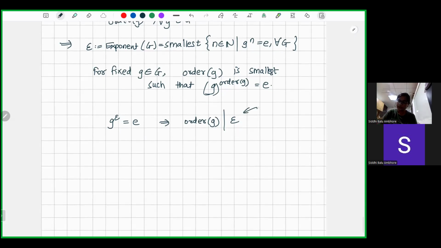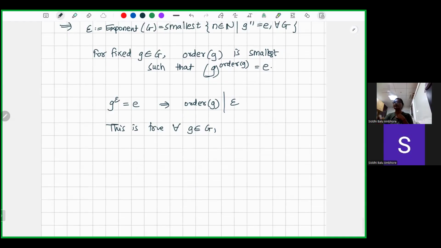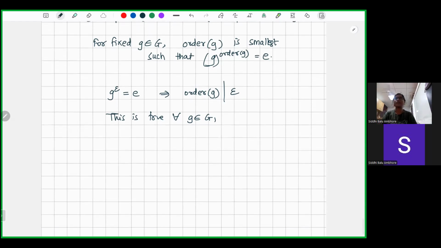So this is by the order property. This we know, and this is true for all g in G. This holds for every g: epsilon is such that g to the power epsilon becomes the identity for every element g in the group G. And by what we have learned so far, if some power of a given element becomes the identity, then that number is divisible by the order of that element.